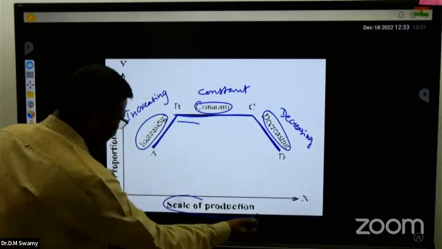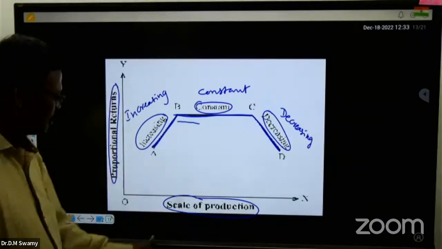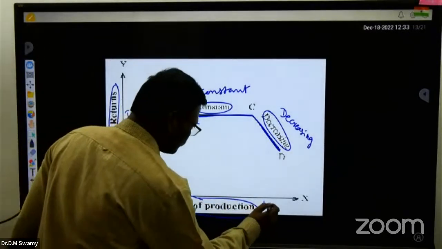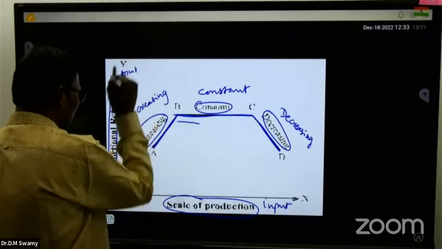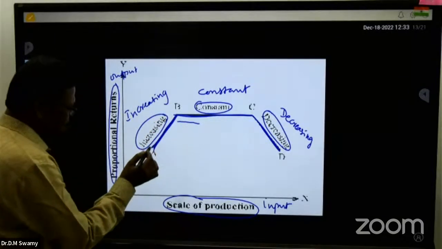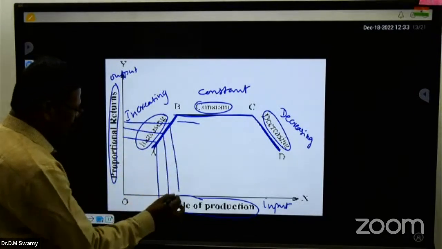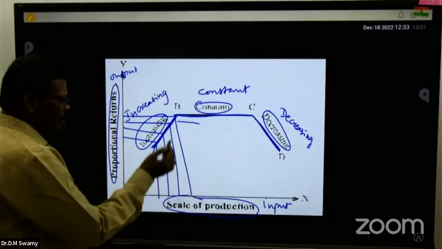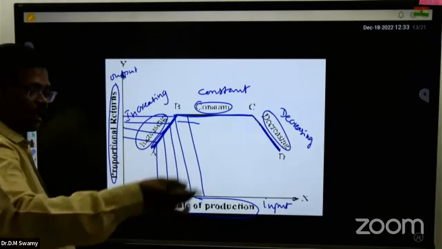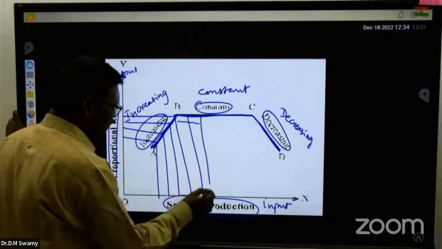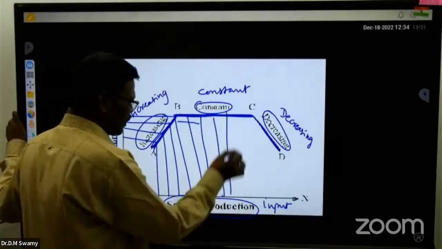Here we see the scale of production and the returns. Here we can see input, and on the y-axis we can see output. In this particular case, whenever the inputs are increasing, the output is also increasing, which is called increasing returns. But in this case, even though the inputs are increasing, the output remains constant, which is called constant returns.